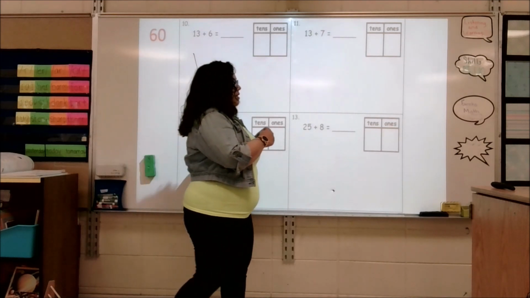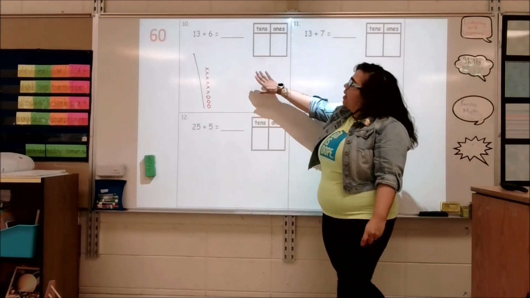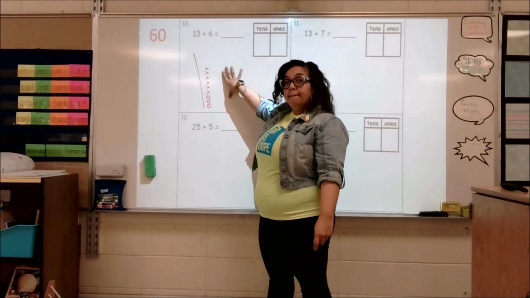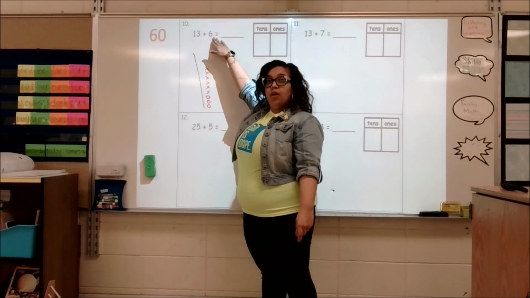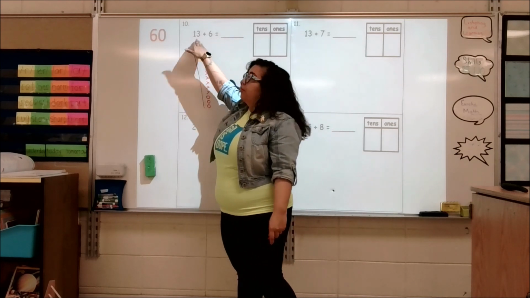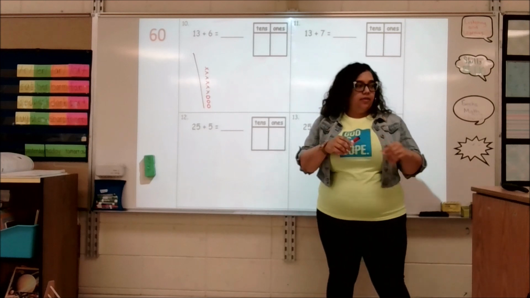So 13 and 6. Now, given this problem, should I add the ones first or complete a group of 10?